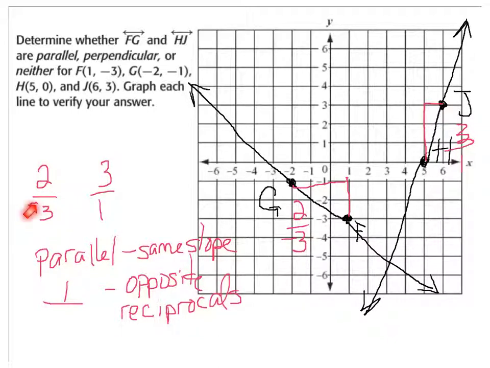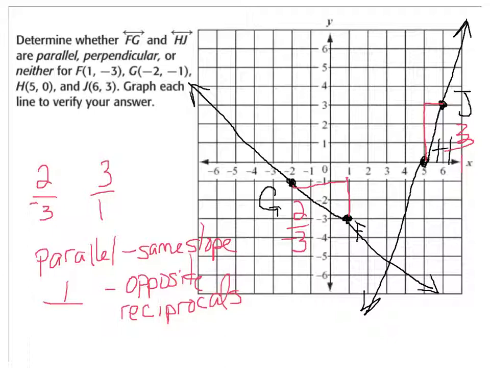They're opposites because this first one's negative and the second one is positive. So they are opposites. That's good. But they're not reciprocals. Reciprocals means that one fraction is the same numbers but upside down.